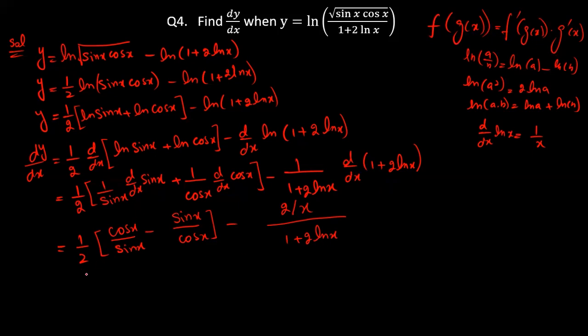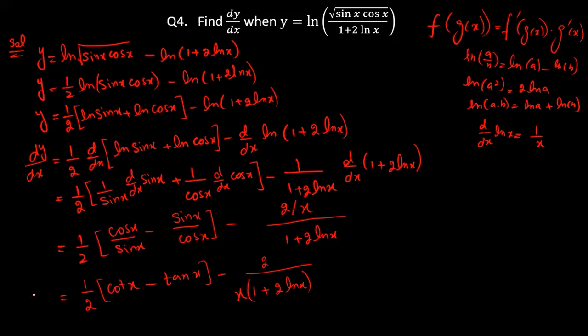So we are done, but let's make it simpler. 1 by 2, cos by sine is cot x, minus sine by cos is tan x, and minus 2 by x times 1 plus 2 natural log of x, where this x we can write here.